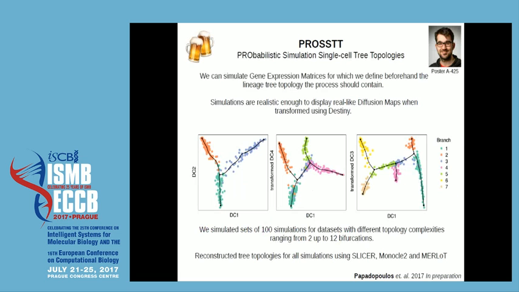So in order to do that, Nico produced this software, Prost, to simulate gene expression matrices, and we can tell the algorithm which is the topology we want to recover after we produce an embedding. For example, these are examples for simple, double, and triple bifurcations, and we produced sets of 100 simulations with up to 12 bifurcations, and for all of them, we produce the embeddings using Slicer, Monocle, and Mulloch.